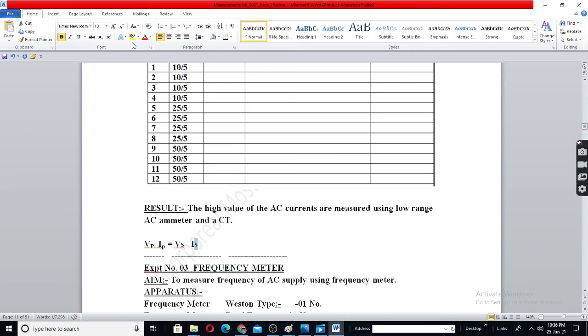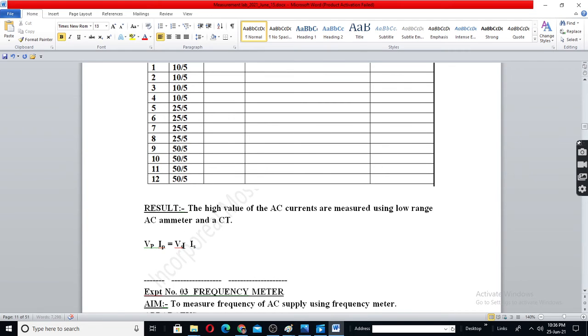That you know, VP IP is equal to VS IS. That is, primary volt amperes is equal to secondary volt amperes.